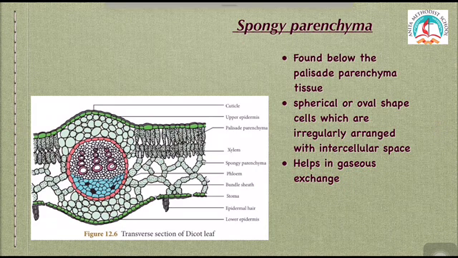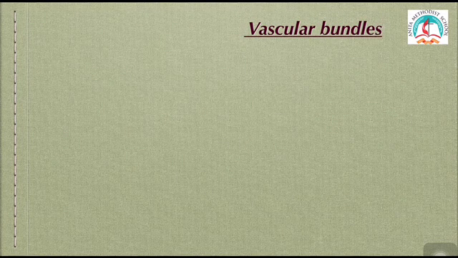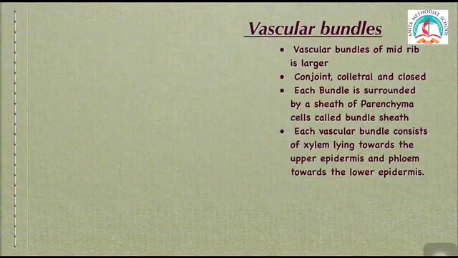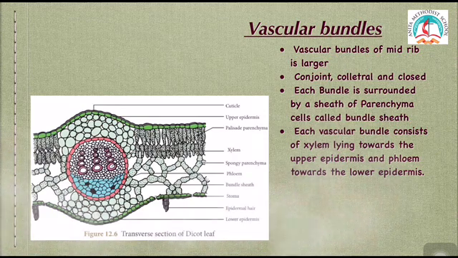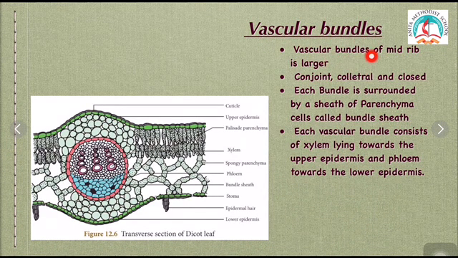The next structure is vascular bundle. Vascular bundles of midrib is larger. Vascular bundles are conjoined, collateral and closed.